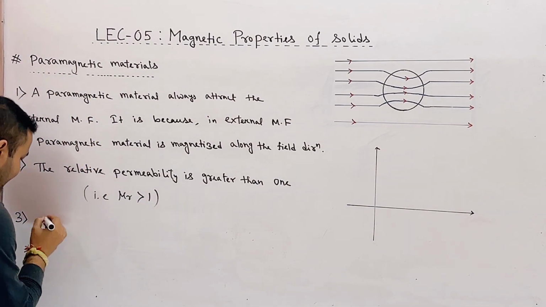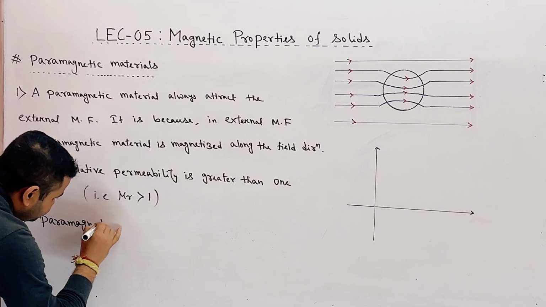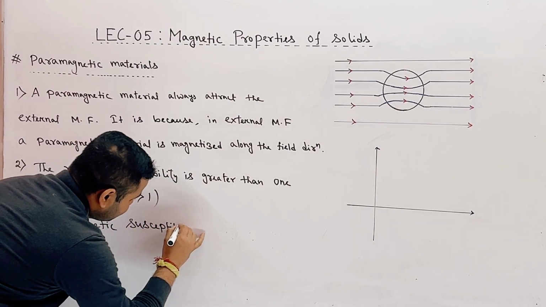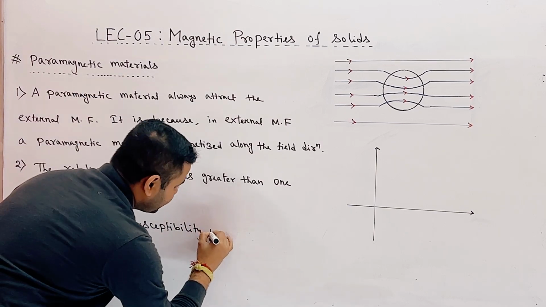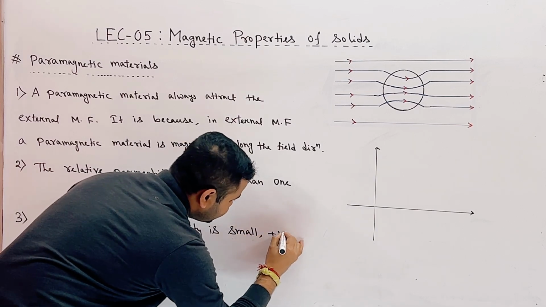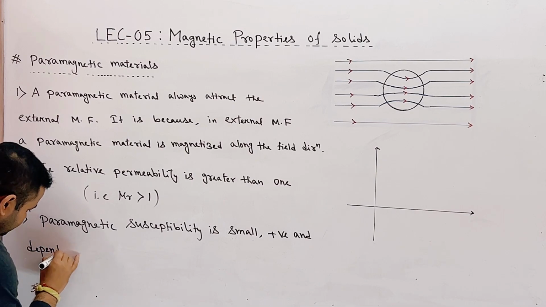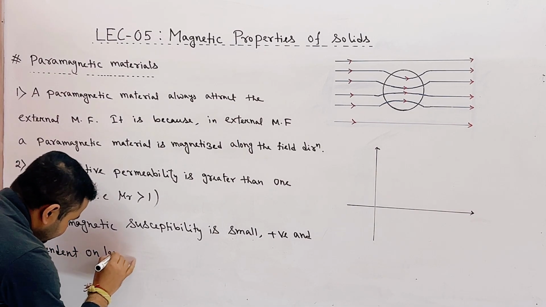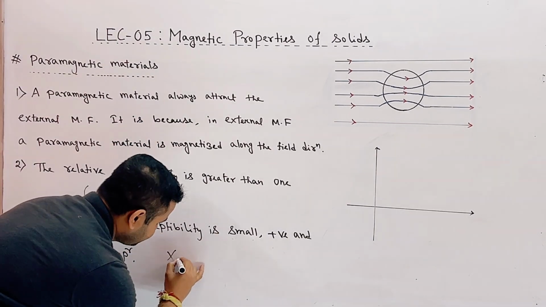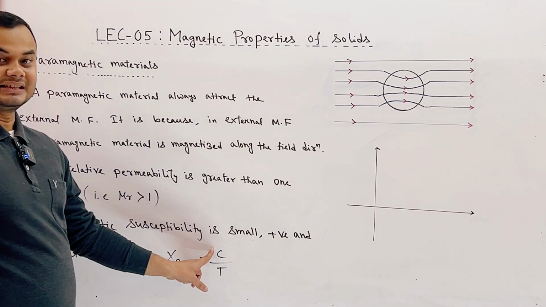Number 3, paramagnetic susceptibility is small, positive and dependent on temperature. The actual relation is given by C divided by T, where C is known as the Curie constant.